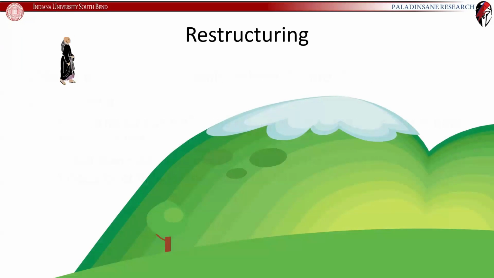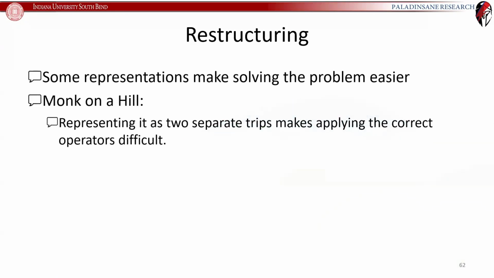So if you think to yourself, all right, we got a monk and he is going up that hill and he does something on his way up the hill, and then he spends the night and he turns around the next day and he does something on the way down the hill, it's very, very difficult to come to a decision of, yes, he will be able to traverse this trip so that he's not on the same spot at the same time on the consecutive days, or he will not be able to do that. Hard to make that decision. So representing it as two separate trips makes applying the correct operators very, very difficult.